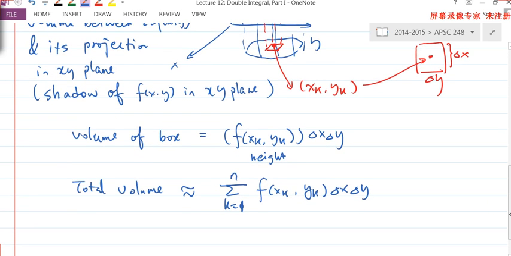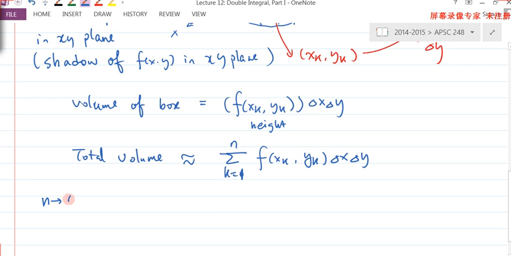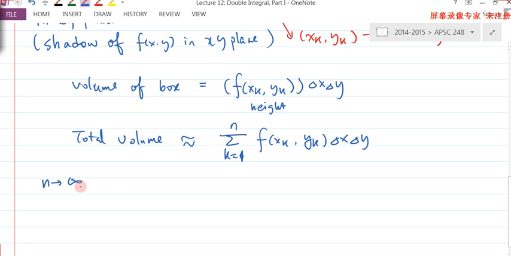Same idea. If I extend this n to infinity, then that summation will become an integral. So in this particular case, when n approaches infinity, delta x goes to 0, in other words, delta x becomes dx, and delta y becomes dy, very small ones there.